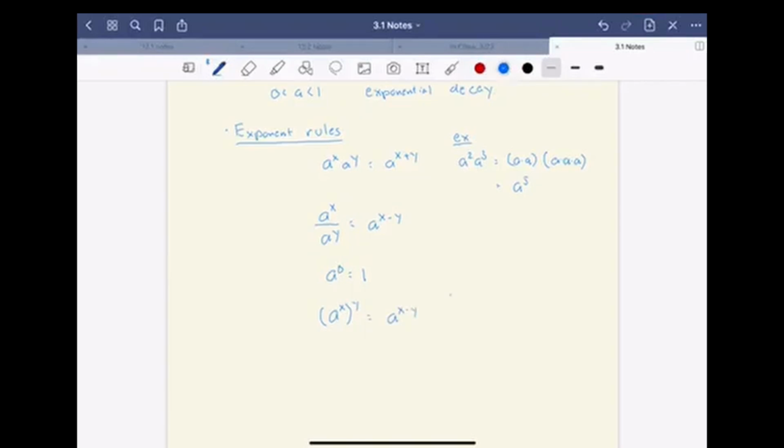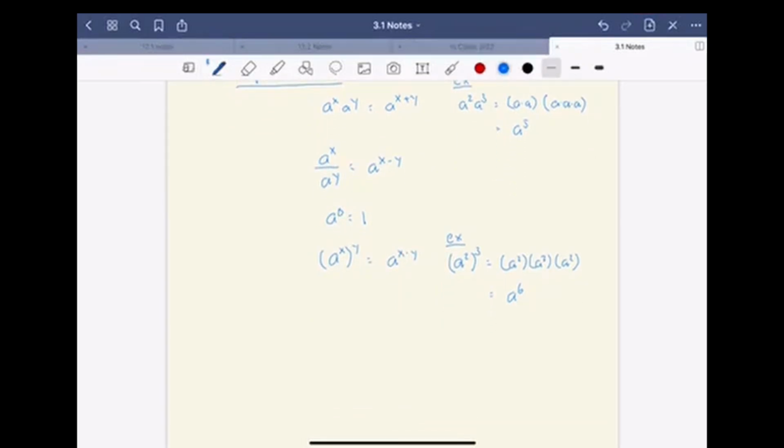Let's do an example of that one as well. Same numbers, a squared raised to the 3rd. That's going to be a squared, a squared, a squared. Taking all of these together, we just add up how many a's we have: a to the 6th, which is the 2 times the 3.